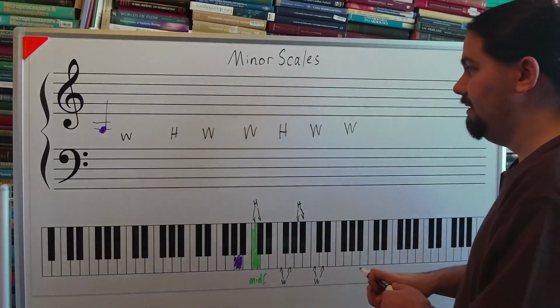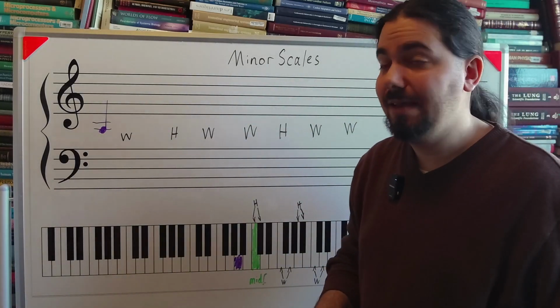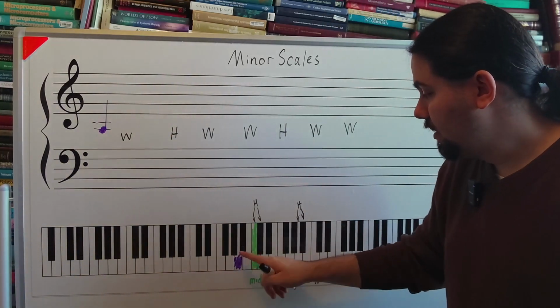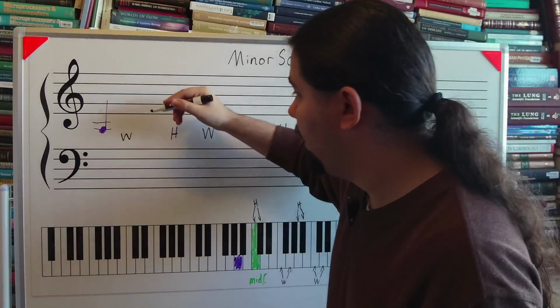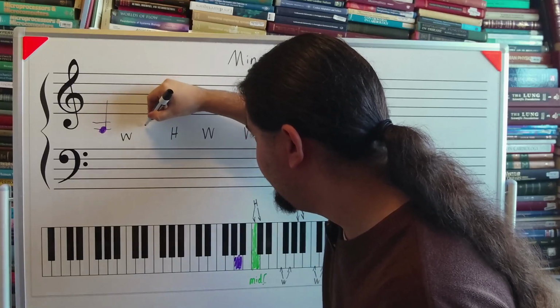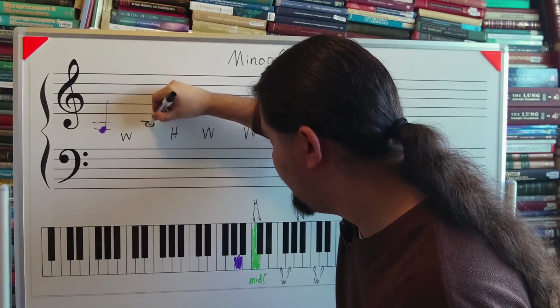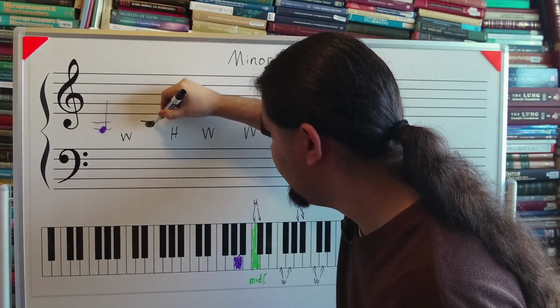Let's construct one starting on A. We need a whole step up from A, which is B, and that on the treble staff is one ledger line below, and it rests below that line on the space.